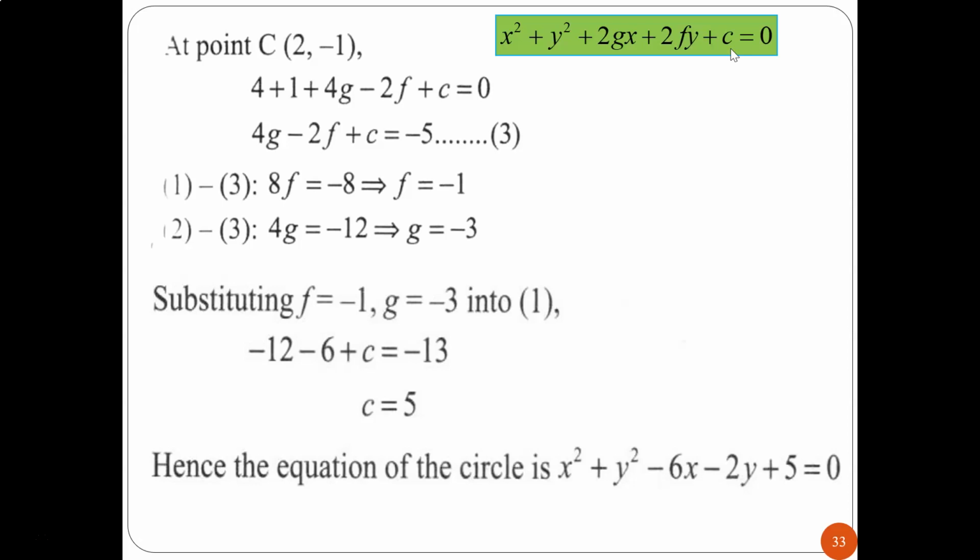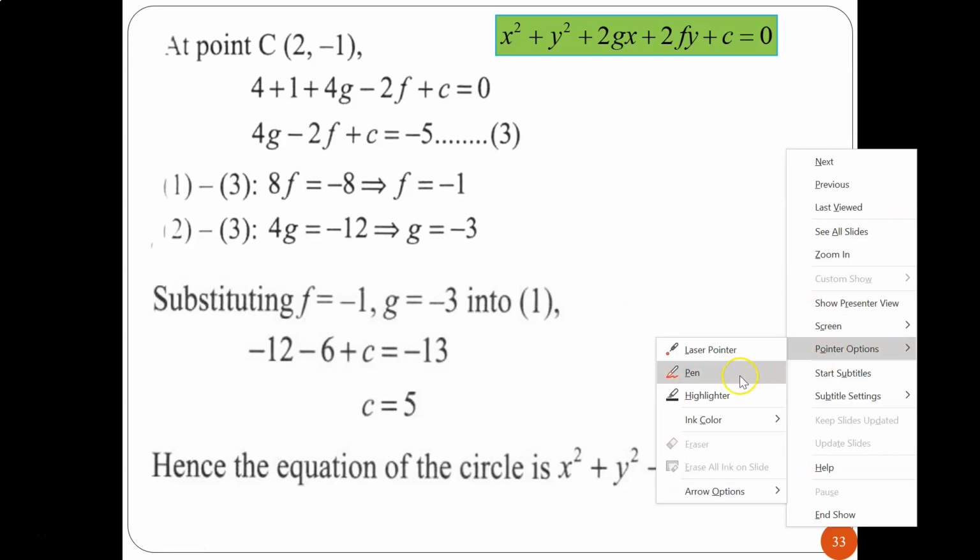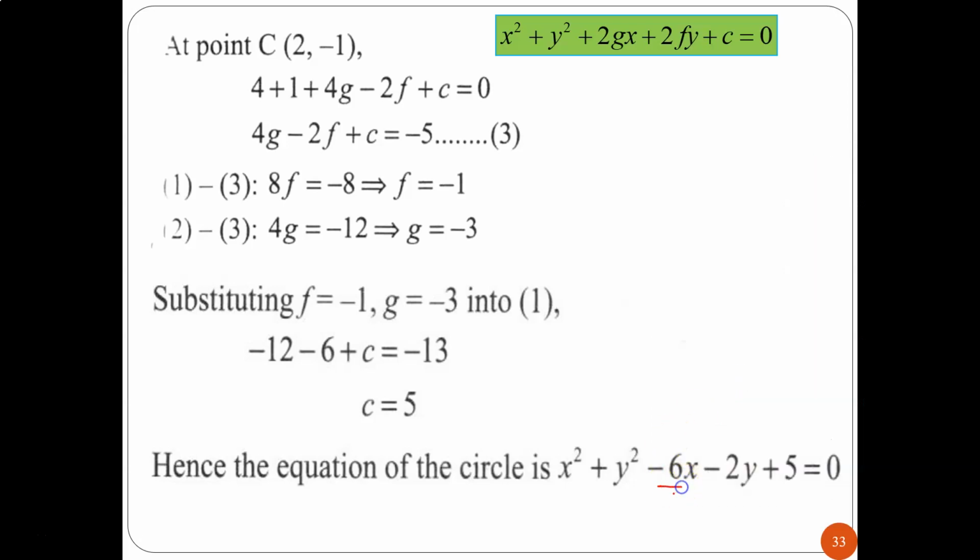Now we can form the general equation, which is x squared plus y squared minus 6x. How do you obtain this 6 over here? Since you have this -3, you substitute it into this g. So 2 times -3, you get -6.